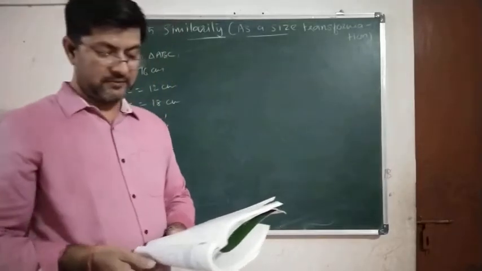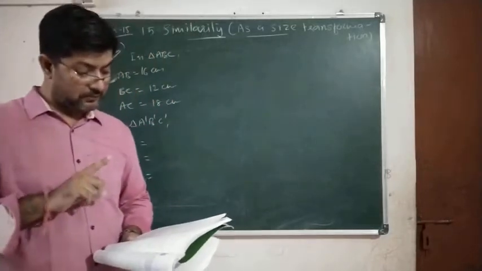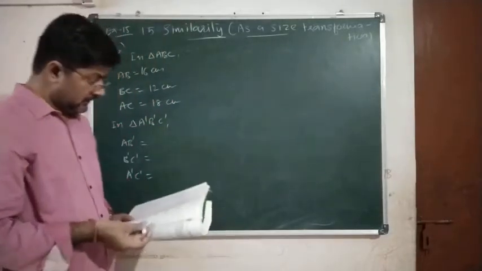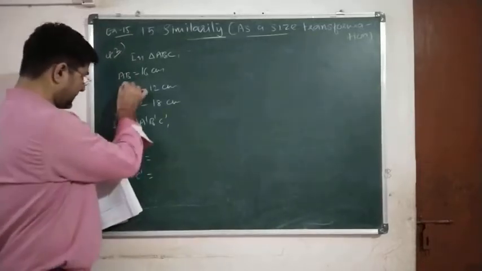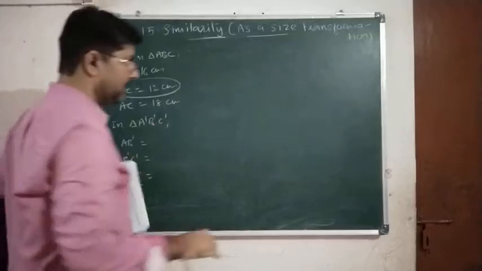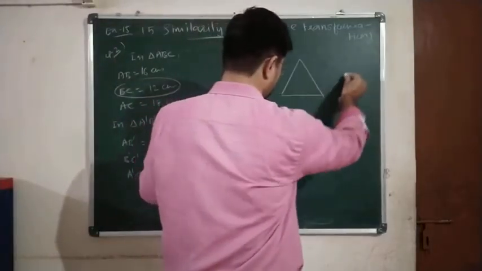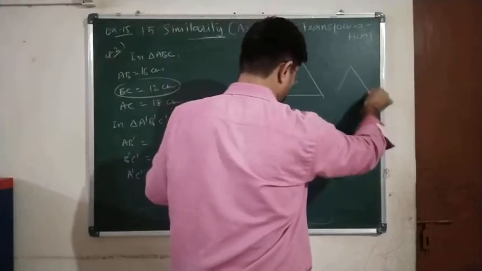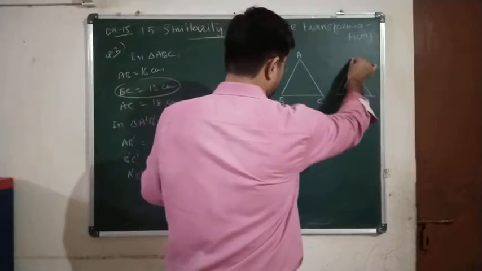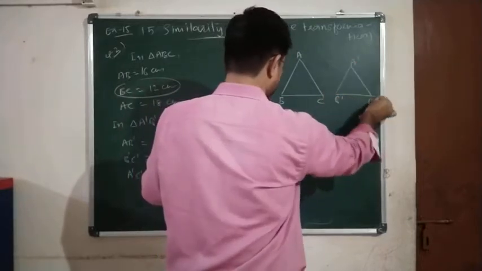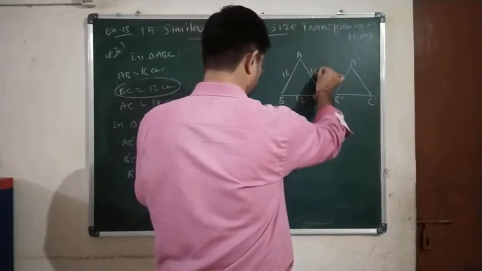Triangle ABC with given sides is reduced to triangle A'B'C' such that the smallest side of the image triangle. So in the original triangle, which is the smallest side? BC. Now in this case the triangle is reduced. The original one is bigger and the new one is a smaller one. So this is ABC and this is A'B'C'. 16, 12, 18.